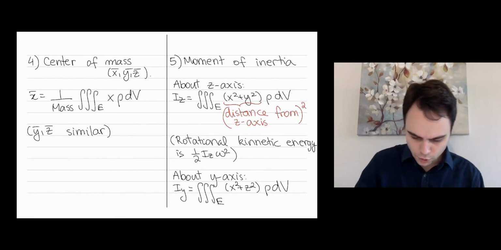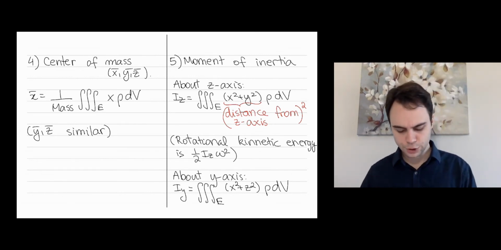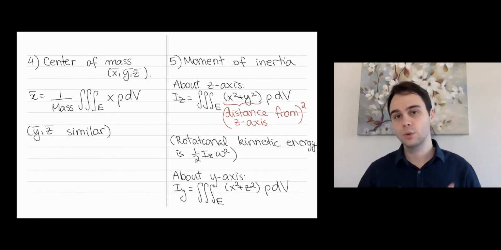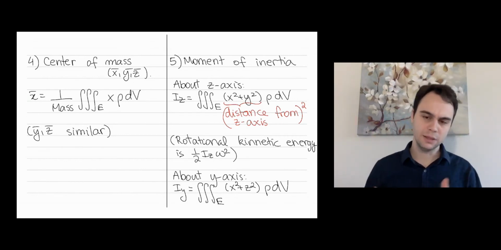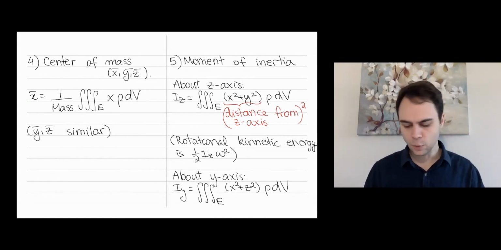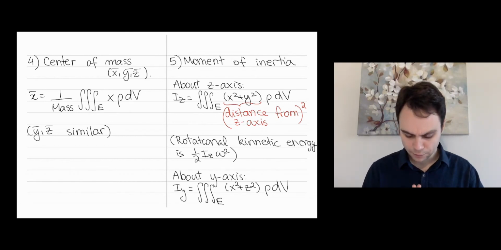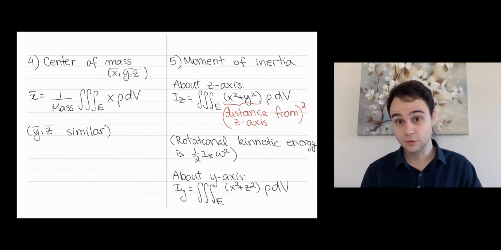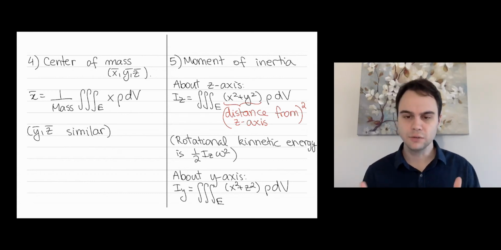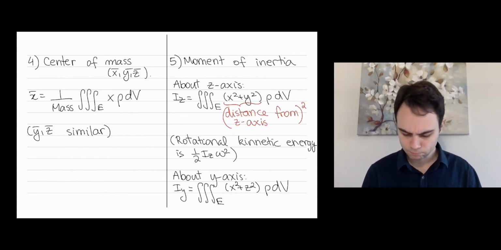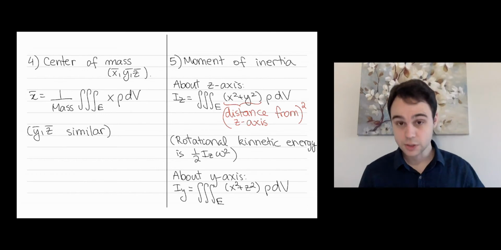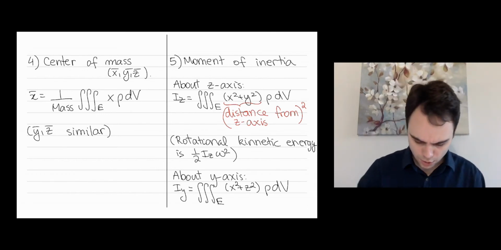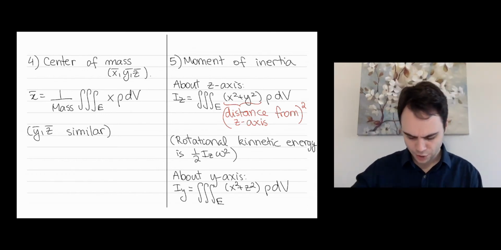And you could also do the moment of inertia around the x-axis, or even around any other axis. But then you need a way to describe that axis and find a nice formula for the distance squared. As far as homework and exams are concerned, you don't need to worry about that other case.